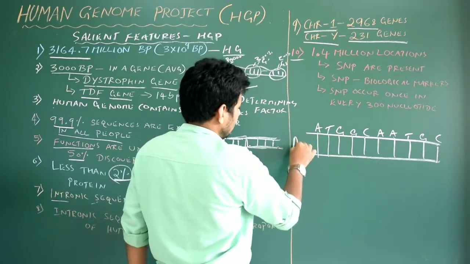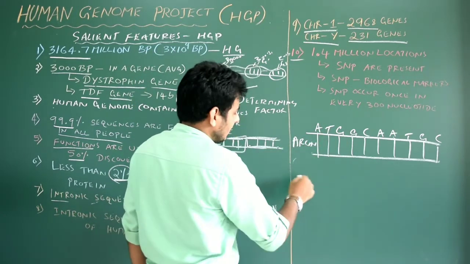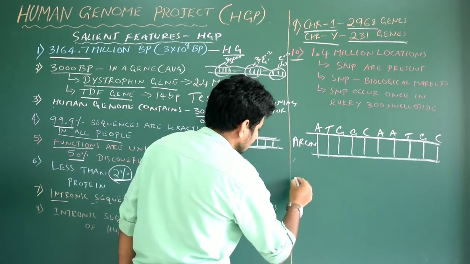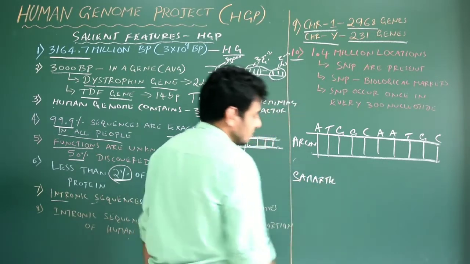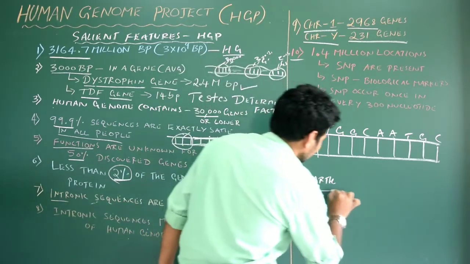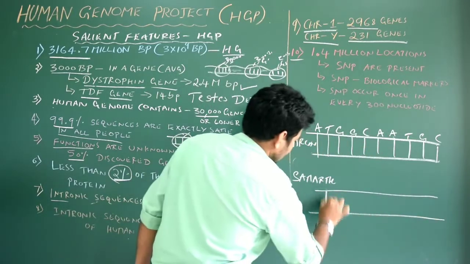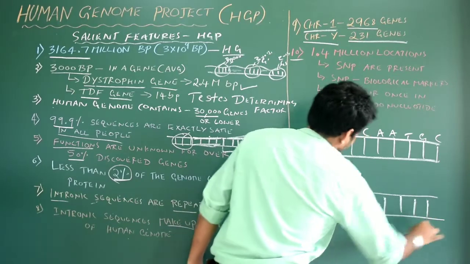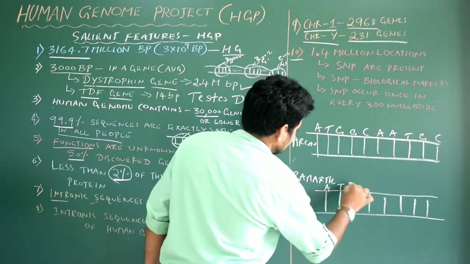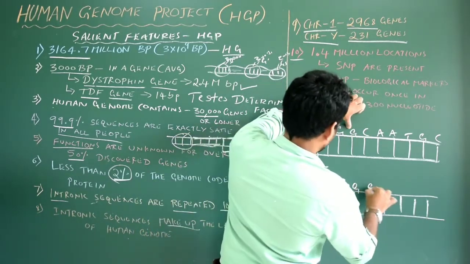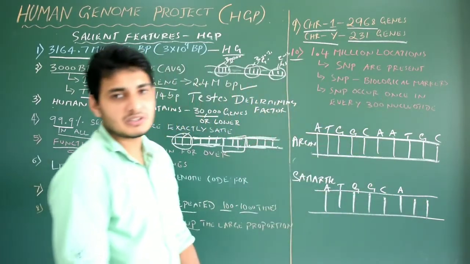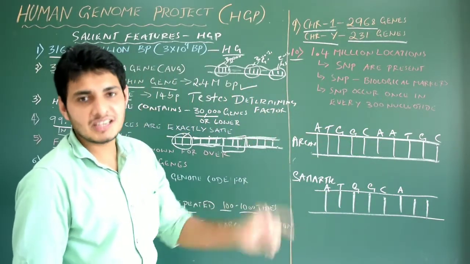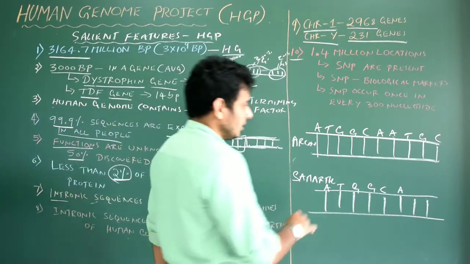This is me. Let us take one more example, our Samarth Pujari, and his genome. Let me write the sequence A, T, G, G, C, A. As I said, 99.9% of the sequences will be the same in all people.